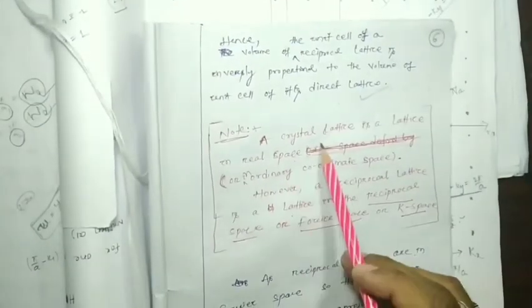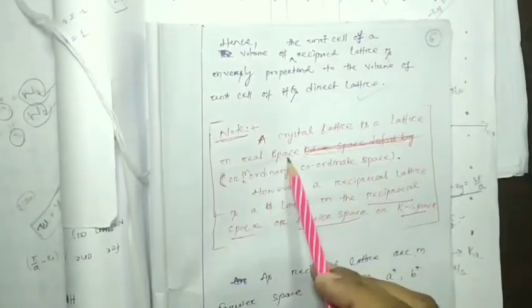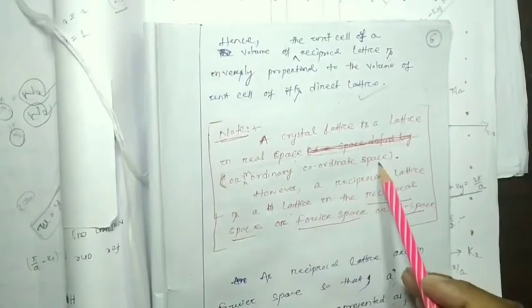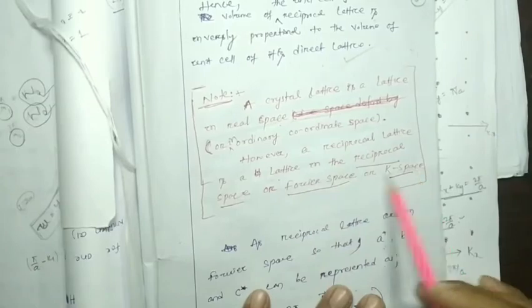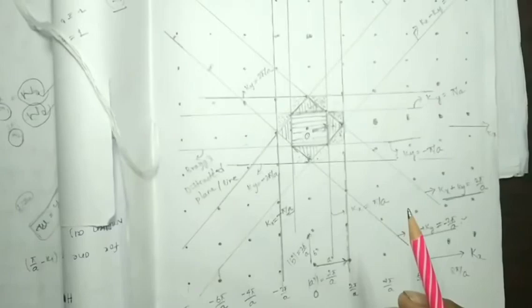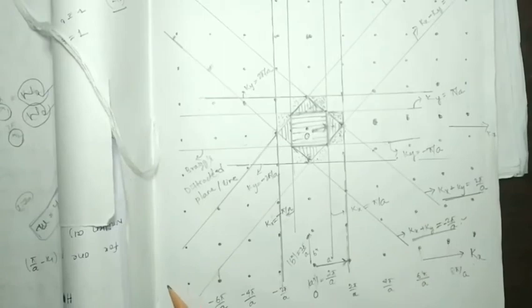You can see that a crystal lattice is a lattice in the real space or coordinate space. However, a reciprocal lattice is a lattice in the reciprocal space or k space. So we can represent a real space lattice in the reciprocal space lattice, which we studied in our last classes, and the reciprocal lattice space is nothing but the so-called k space.